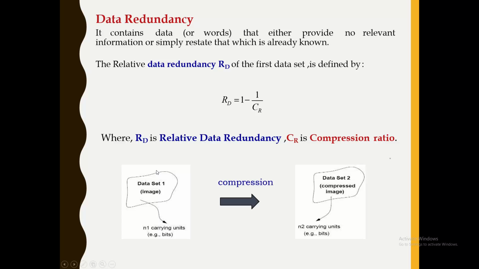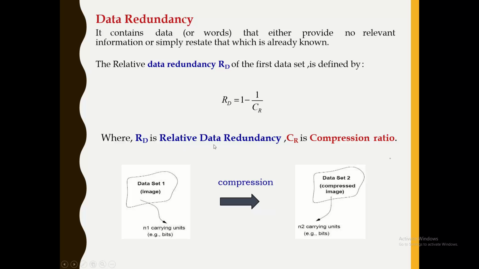Now we have to find out what data redundancy is. It contains data or words that either provide no relevant information or simply restate what is already known. The relative data redundancy RD of the first data set is defined as RD equals 1 minus 1 by CR.